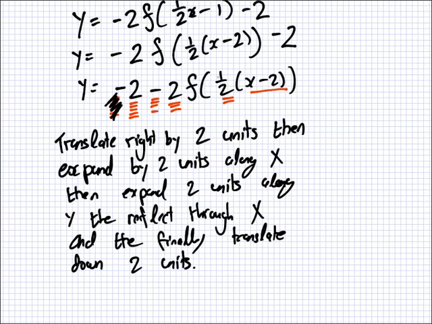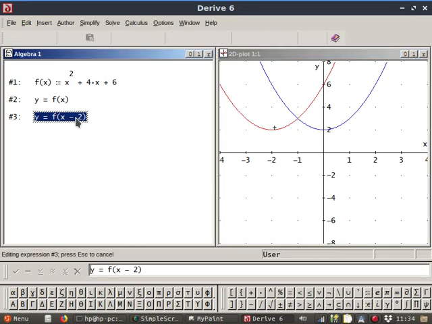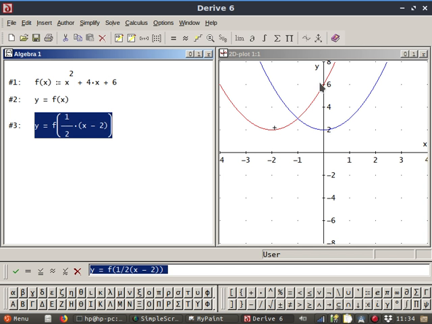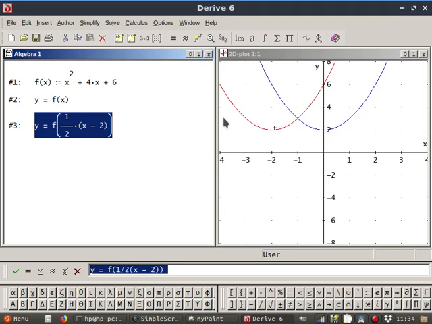Next is the half. So we're currently on the blue one. What happens next? Expand 2 units. This point is at 1, so it should get moved over to 2. So what I think will happen is the blue one gets pulled open. Let's see.